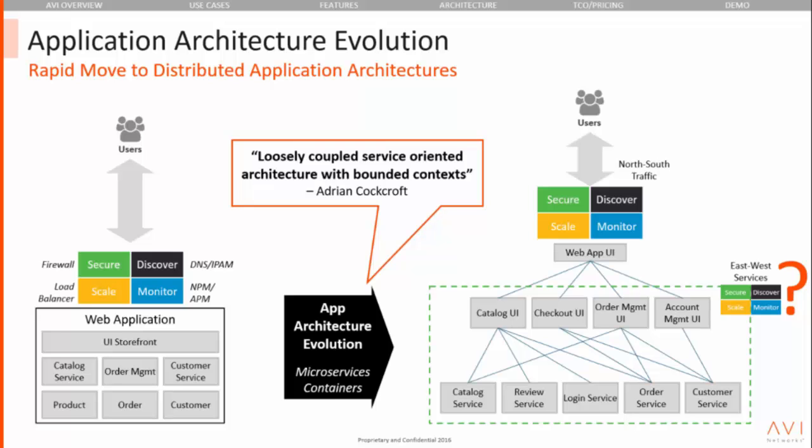And if you look at one of the primary gurus of that space, Adrian Cockcroft, who does a lot of writing on microservices, he talks about microservices as loosely coupled service-oriented architectures with bounded context. And what that really means is, if I go to, say, Amazon.com, the website, there is the UI storefront, of course, but there's a catalog service on the back end.